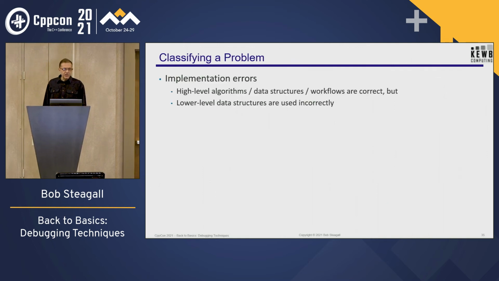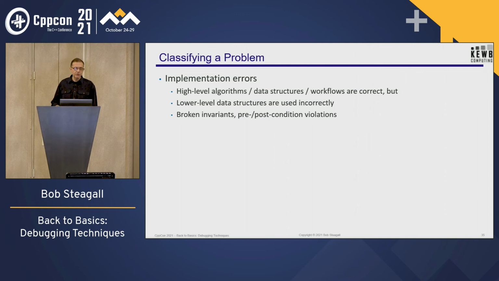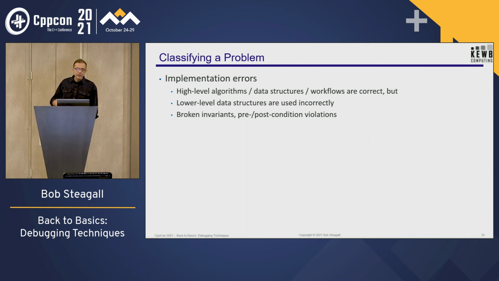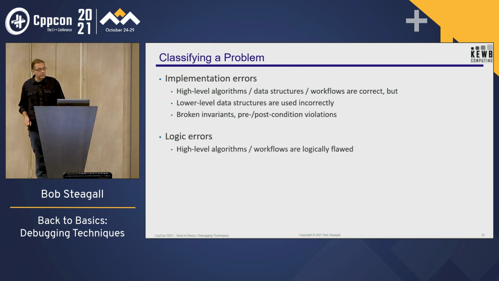You have implementation errors, which can represent problems where the algorithms and the data structures and the workflows are correct, but lower-level data structures are used incorrectly, and they're breaking invariants or pre- or post-conditions that the higher-level structures are expecting. You have logic errors, which I think of as problems in the high-level algorithms or workflows that are logically flawed.